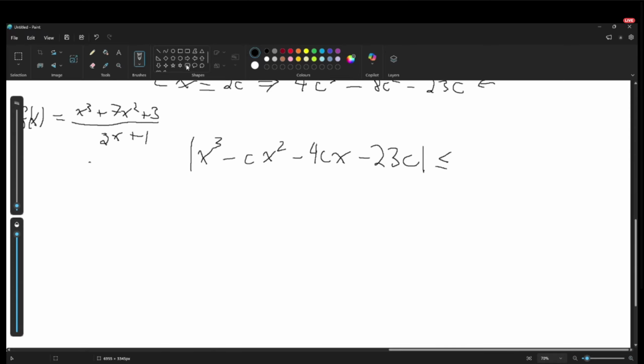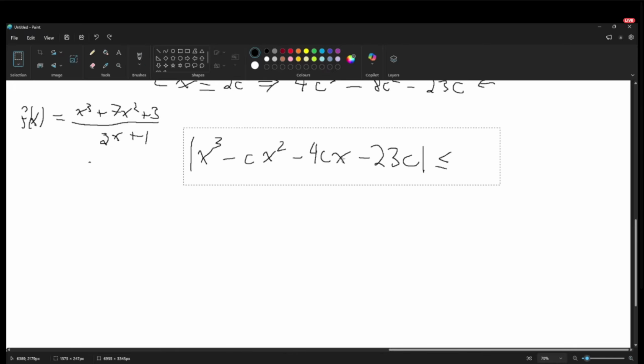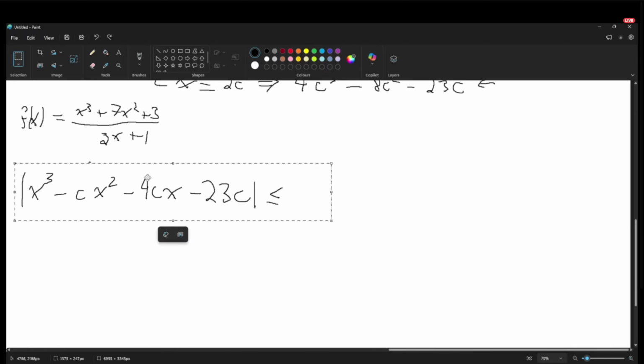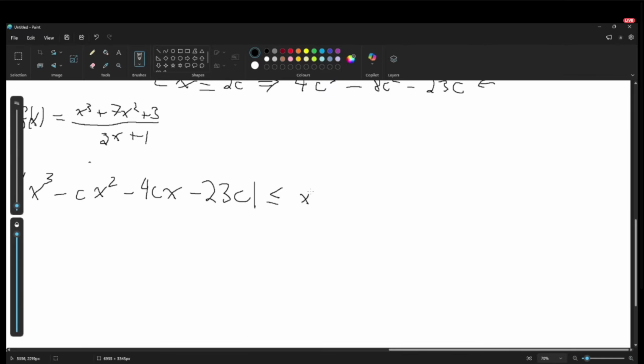So it's less than or equal to x cubed minus this whole, actually plus, you can take out a c term here, x squared plus 4x plus 23.